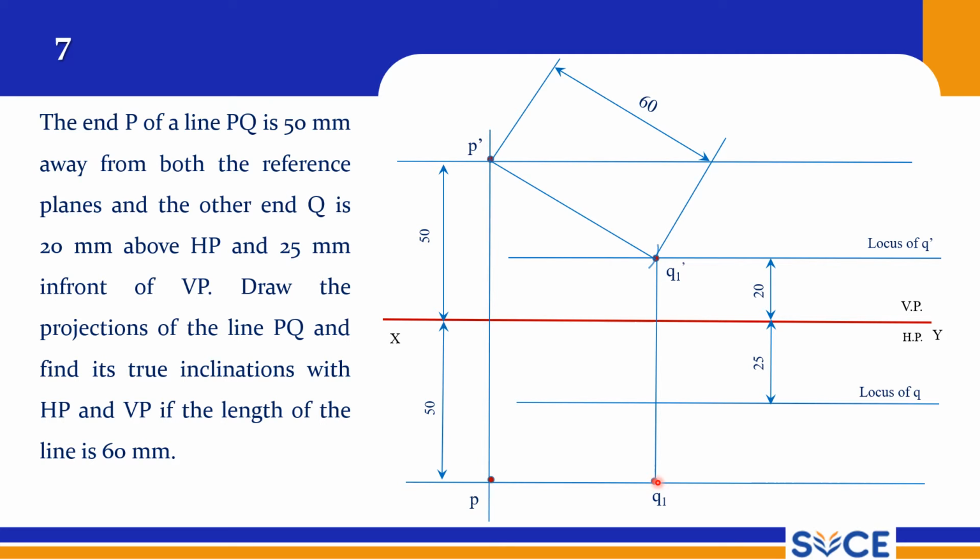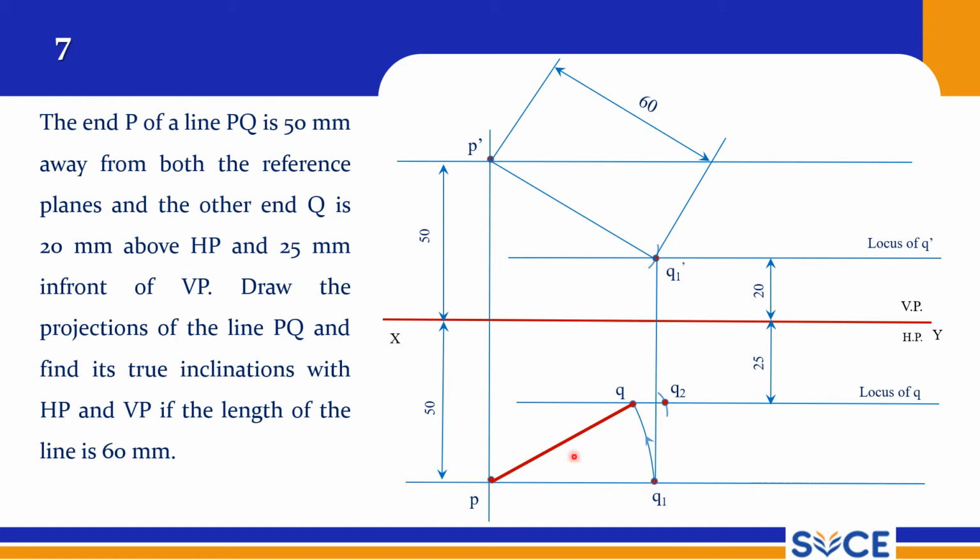Now we have to rotate this up to locus of Q, and this is the Q point. So this is our final Q point, and we can draw the thick line. We know the true length, and P as center, locus of Q line, we can draw an arc.